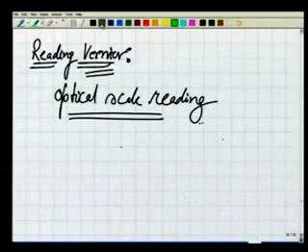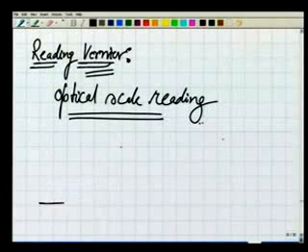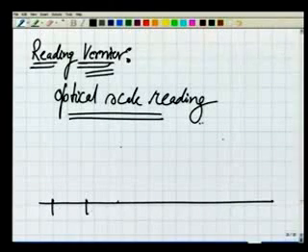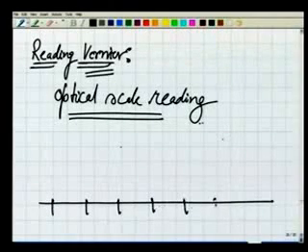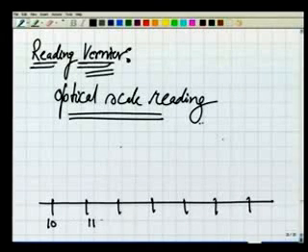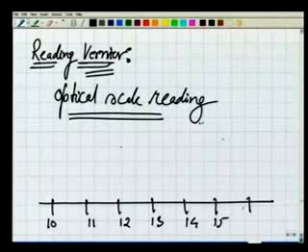In the main scale, the graduations are written in such a way that, let's say, this is 10, 11, 12, 13, 14, 15, all in degrees.